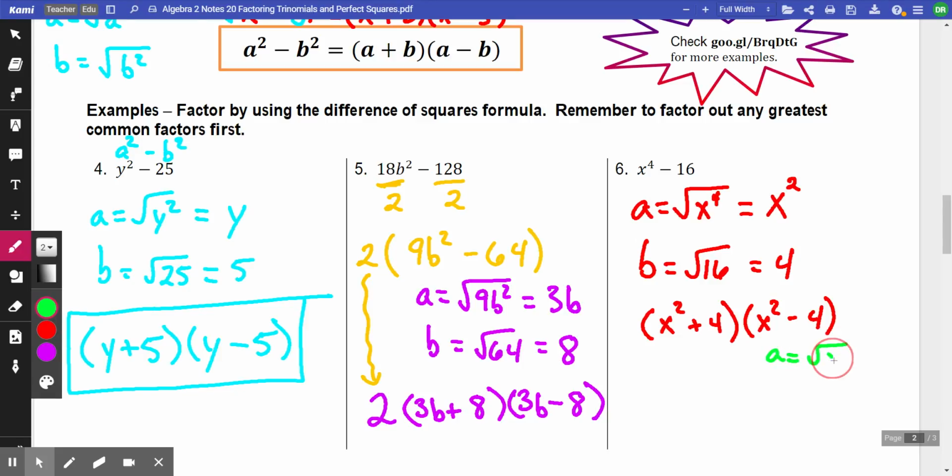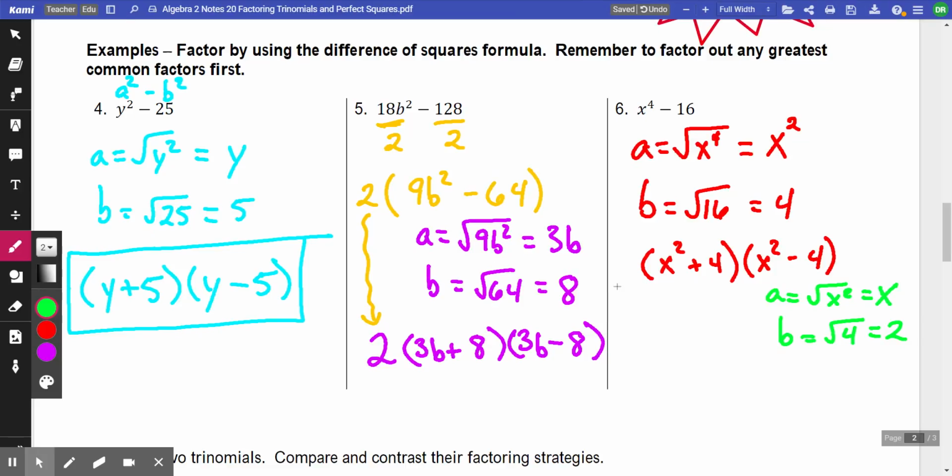A would be the square root of x squared, which is x. B is the square root of 4, which is 2. And our factor from that would say x plus 2 and the matching x minus 2.